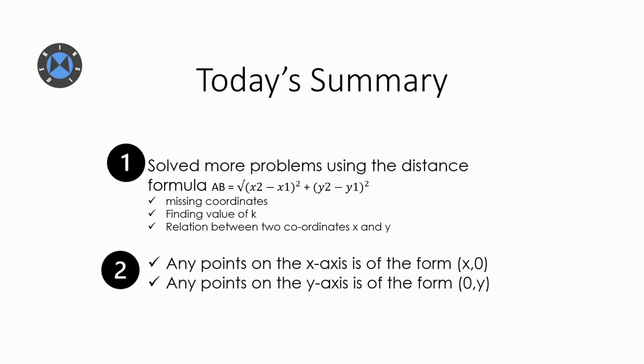And then we have discussed two most important points: any point on the x-axis will take the form (x, 0), which implies that the points on the x-axis have y-coordinate 0, and any point on the y-axis will take the form (0, y), which implies that the x-coordinate of all the points on the y-axis will be 0.